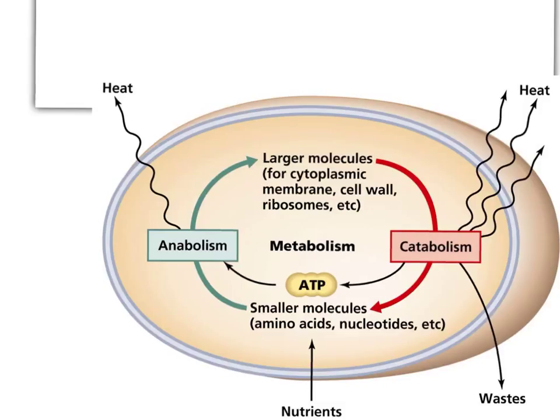reaction. Within metabolism there are two basic types of metabolism that go on inside a cell. One is called catabolism, or catabolic reactions, and one is called anabolism, or anabolic reactions. Catabolic reactions take large molecules and break them down into smaller molecules.